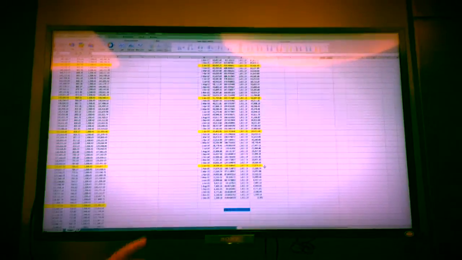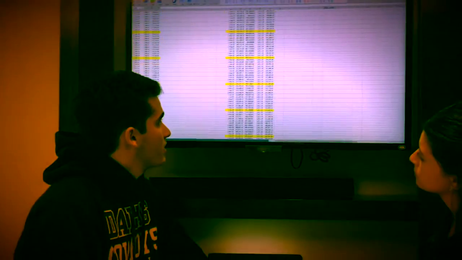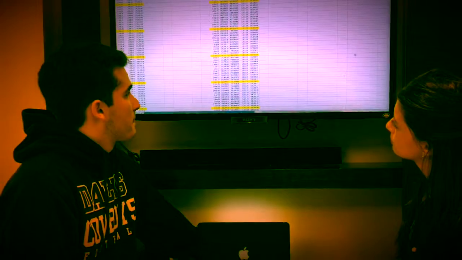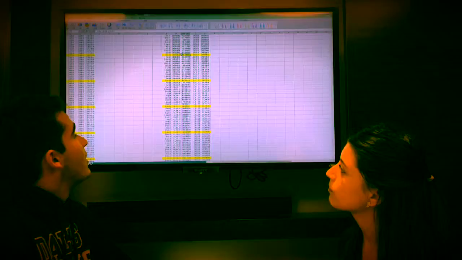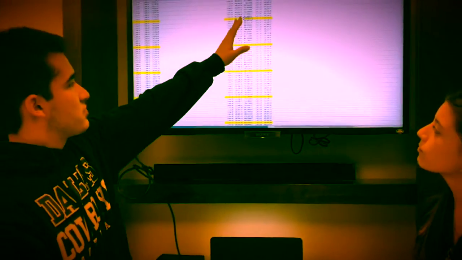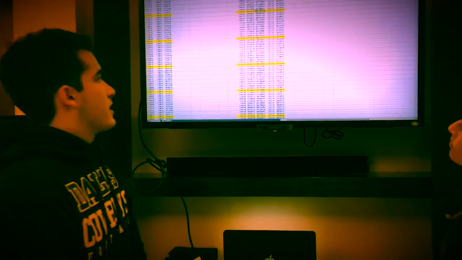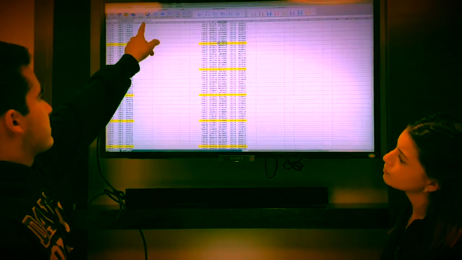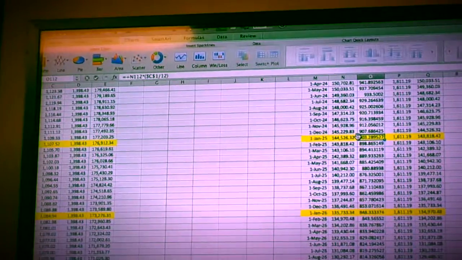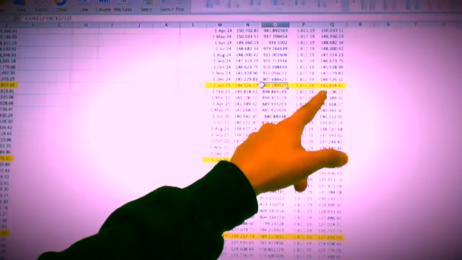What we did in this table was basically the formula. This is the initial payment. The loan was $200,000, and we multiply by the interest rate and divide it by 12 because the interest rate is yearly, and we sum this up, subtract this, and we get the number.